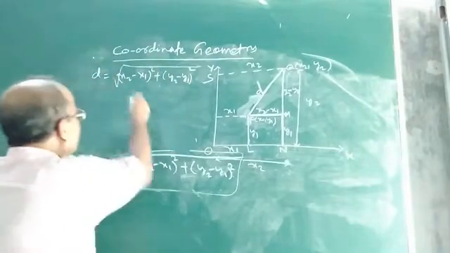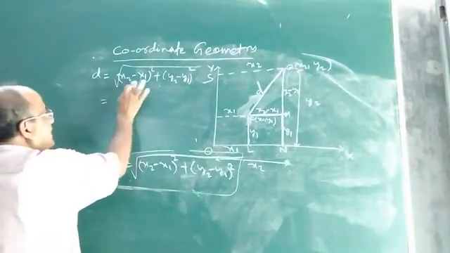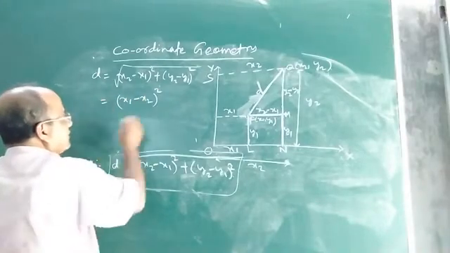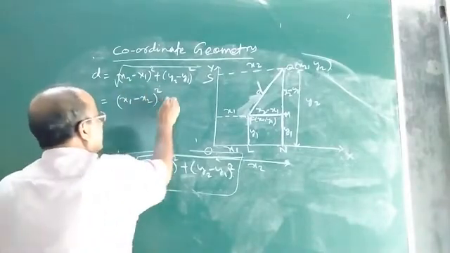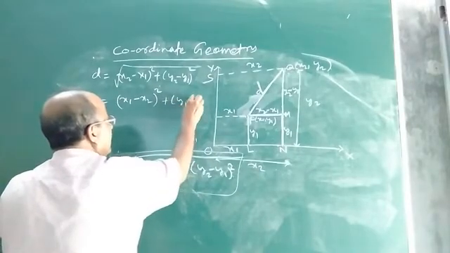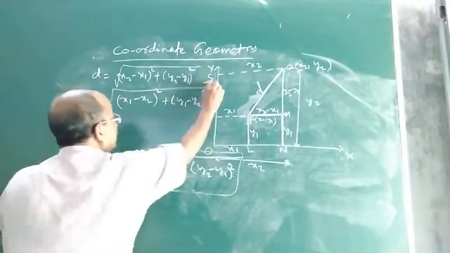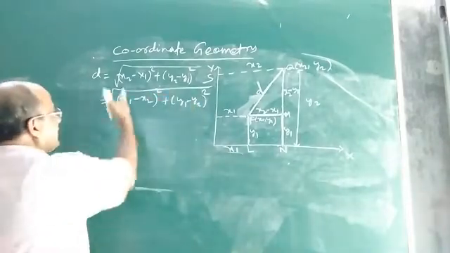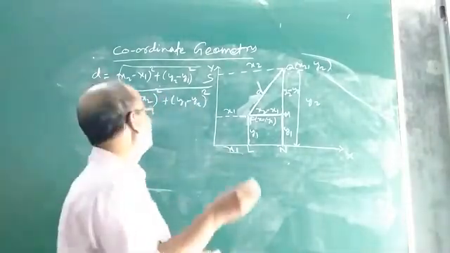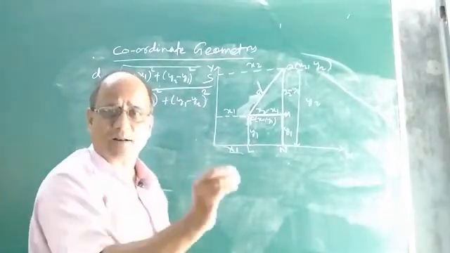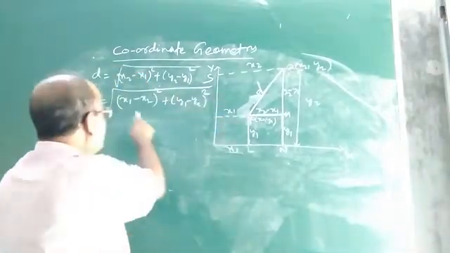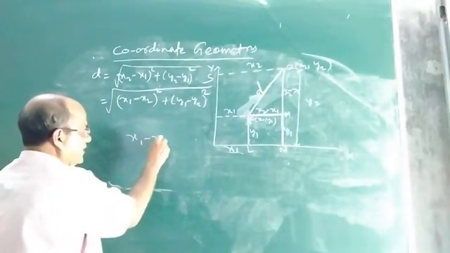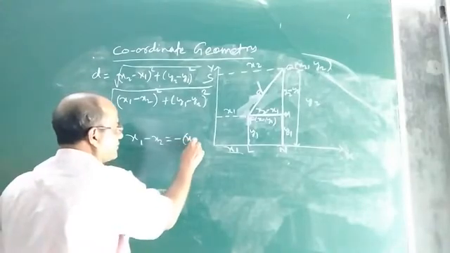Now this formula can also be written in another form. Instead of writing x2 minus x1, we can write x1 minus x2. Just reverse the order, plus y1 minus y2 whole square. It is also true. You see why? Because x1 minus x2 is equal to minus of x2 minus x1.